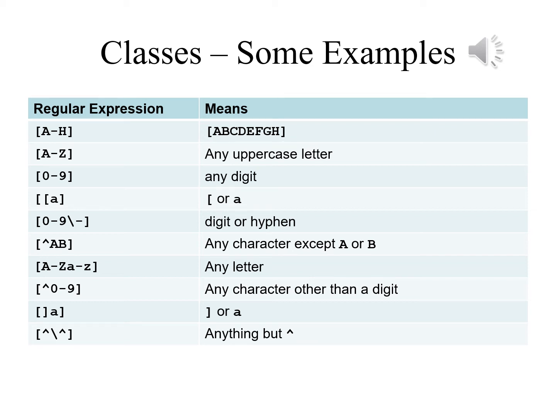Open bracket, close bracket, A, close bracket means close bracket or A. And lastly, in square brackets, caret backslash caret means any character other than the caret. As you may have noticed, the backslash takes a character that has a special meaning and changes its meaning into just the ordinary character.